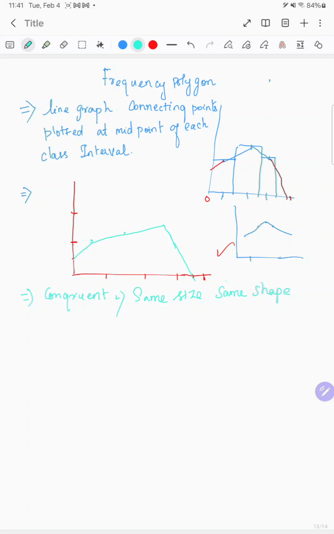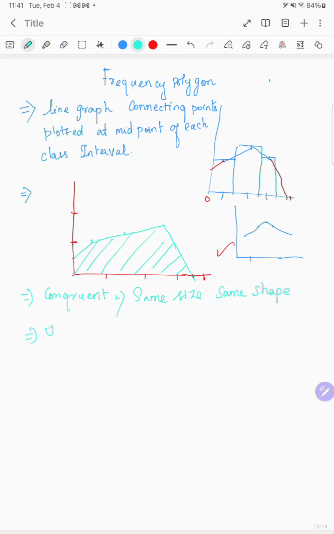If the data is evenly distributed, this is equal to congruent triangle area representation. And one more thing, the area under the frequency polygon is roughly proportional to the total frequency of the data.